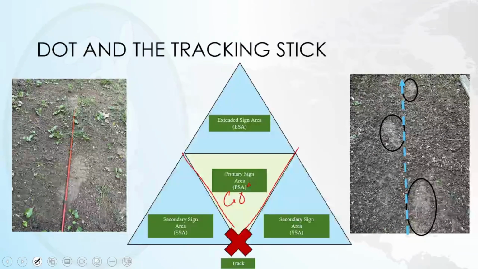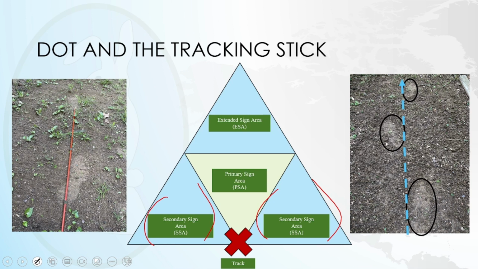So that's considered our primary spore area, or our primary sign area. Off to the sides, where someone may have potentially made a turn, we have our secondary sign areas. Our secondary sign area will be off to either the immediate right or the immediate left of that last known track. So primary is out ahead, with a 60-degree angle there, and then the secondary sign area is off to the side of that, in case they made a turn on us.